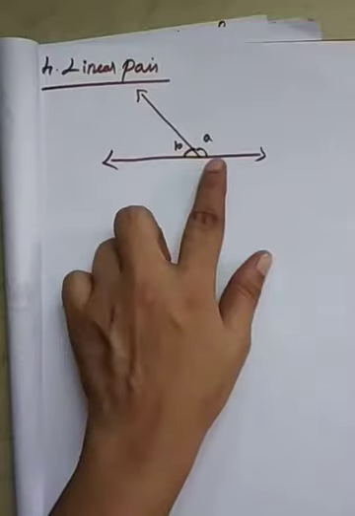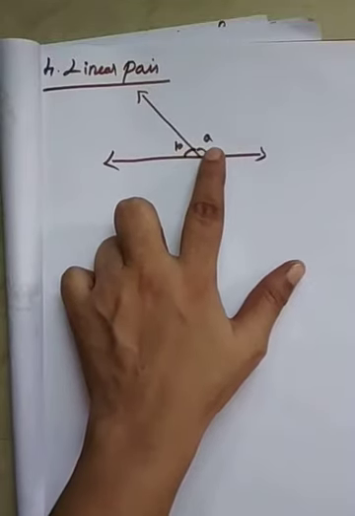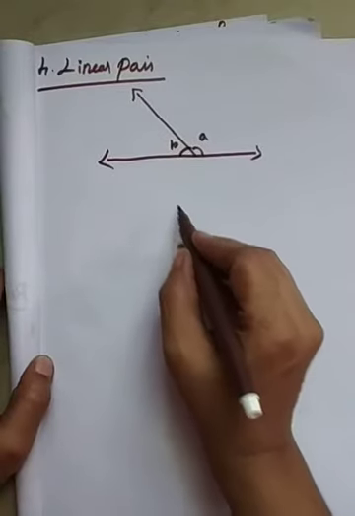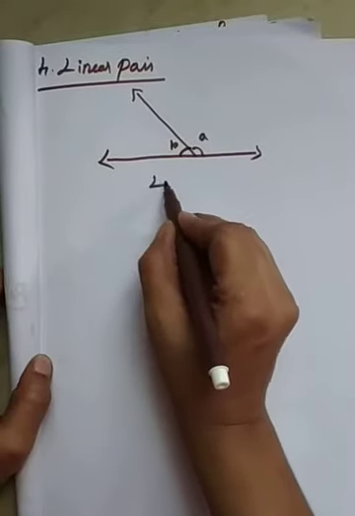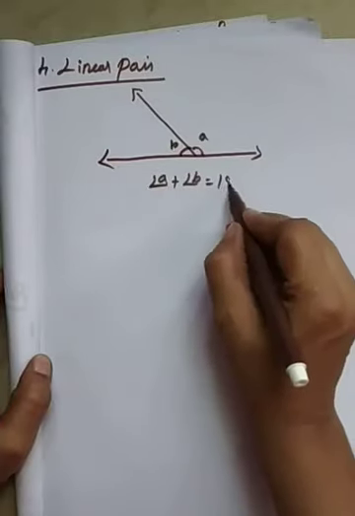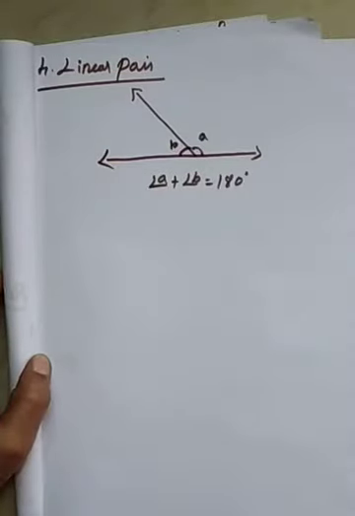Clear? Now, you can add both: angle A plus angle B is equal to 180 degree. Right? In this diagram you will get 180 degree.